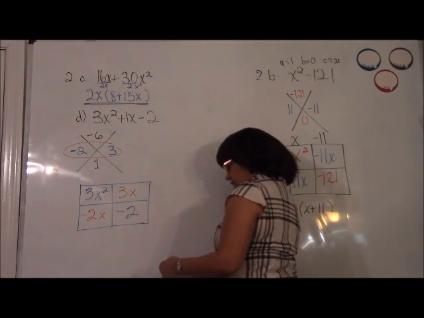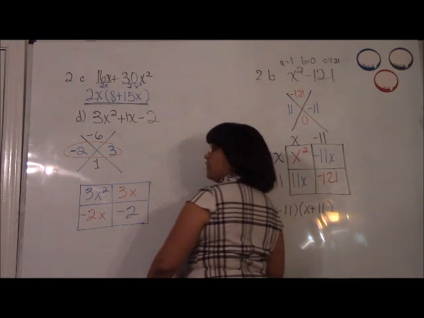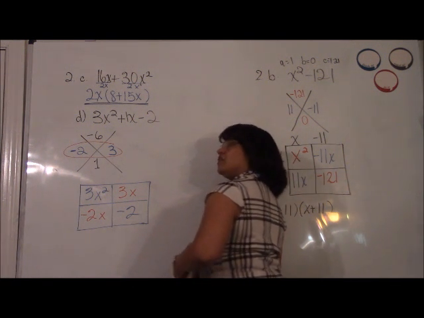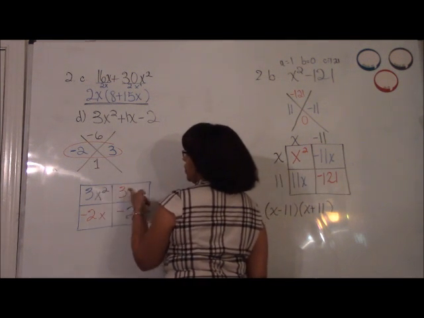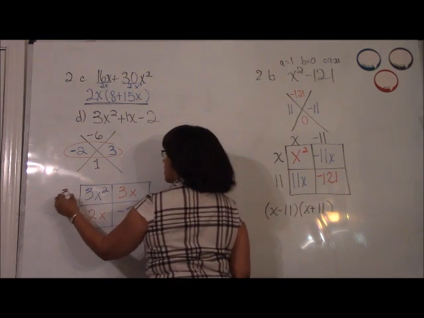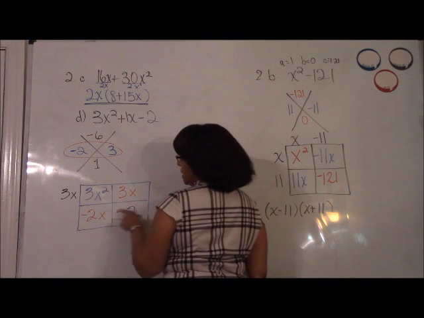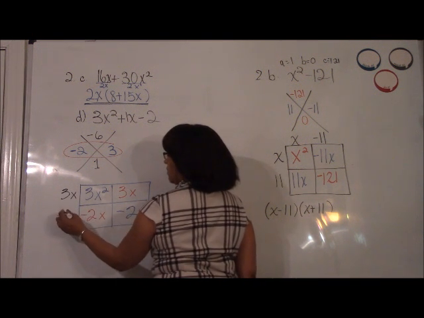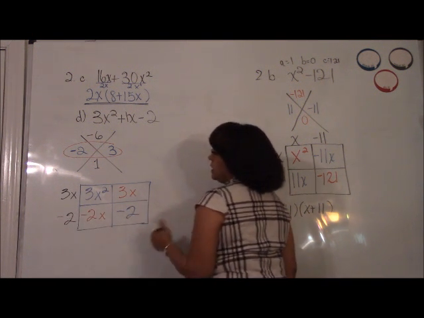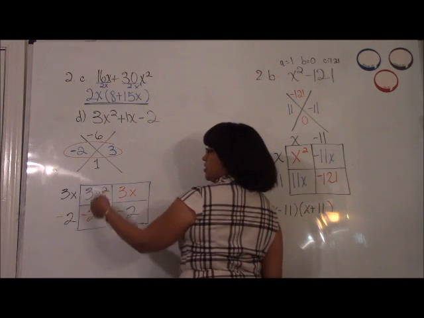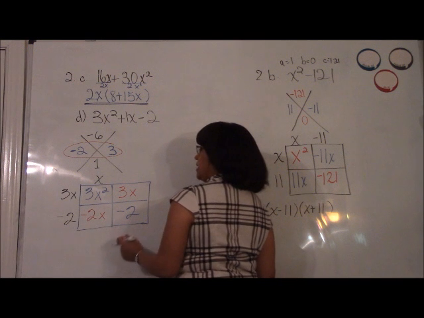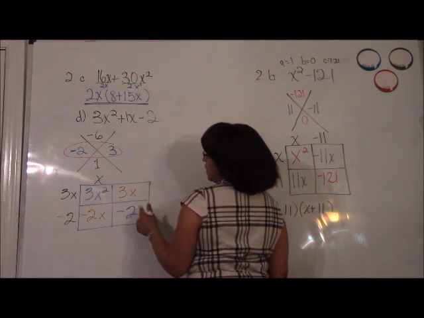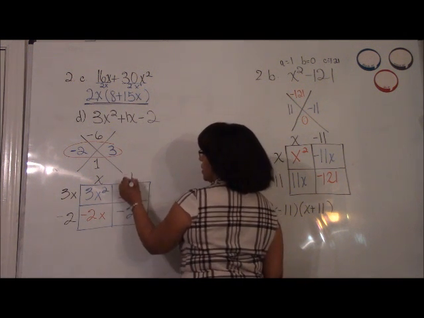Now we take the GCF of the top row and the GCF of the bottom row, the GCF of the first column and the GCF of the second column. GCF of our first row is 3x. The GCF of our second row, we have a negative, so it's negative 2. The GCF of our first column is just x, because 1 comes out of the numbers, but you don't need to show that. And the GCF of our second column is just 1.